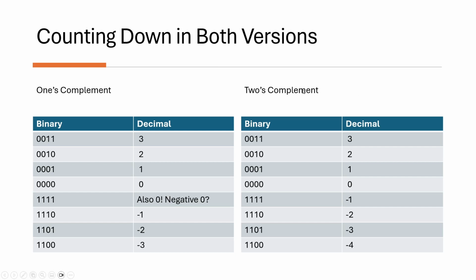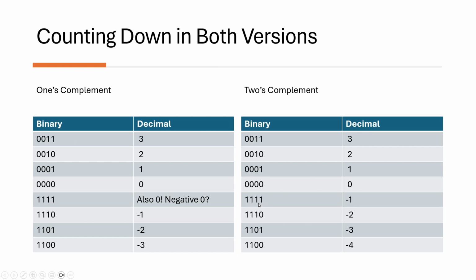On the other hand, twos complement doesn't have that problem. With twos complement, 0011 is 3, just like in the ones complement system. 0010 is 2, 0001 is 1, and 0000 is 0.